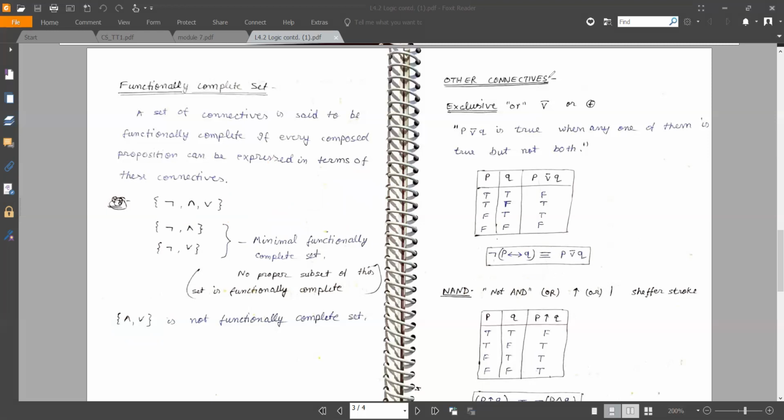The other connective is exclusive or, where we simply put a bar over a disjunction like this. In Boolean algebra the same symbol is used to represent exclusive or, a plus inside a circle. What is the truth table of exclusive or?